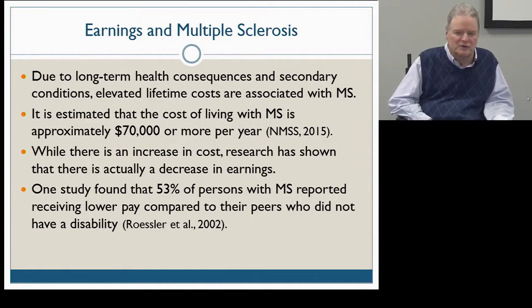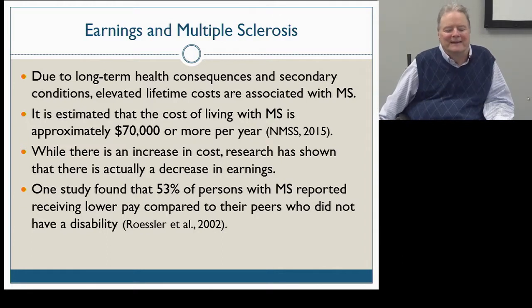A lot of our research, or a portion, has looked at benefits, and that's not something we're going to be talking about today, but something that you can access from looking at previous webcasts and State of the Science presentations on MS. While there is an increase in cost, research has shown that there's actually a decrease in earnings.